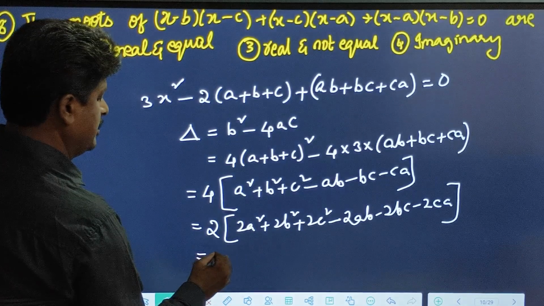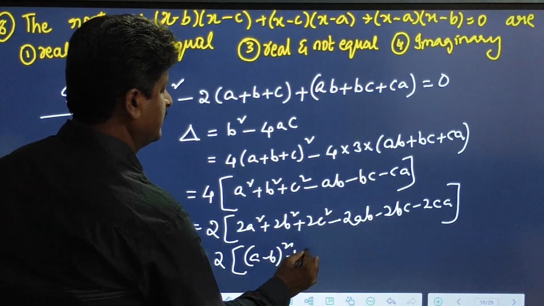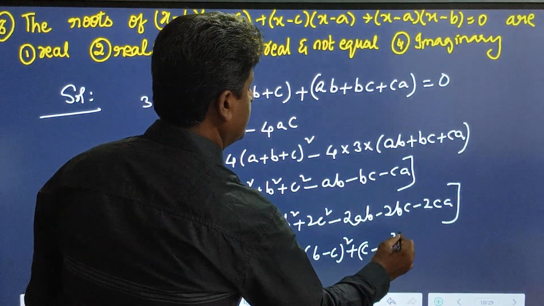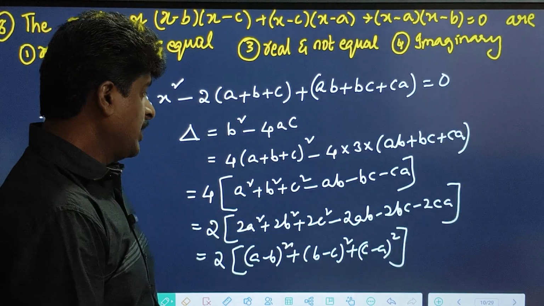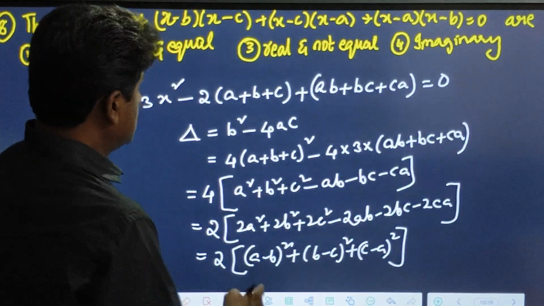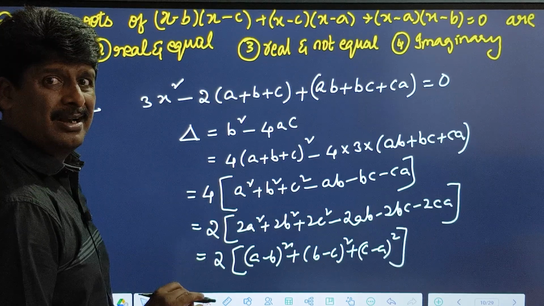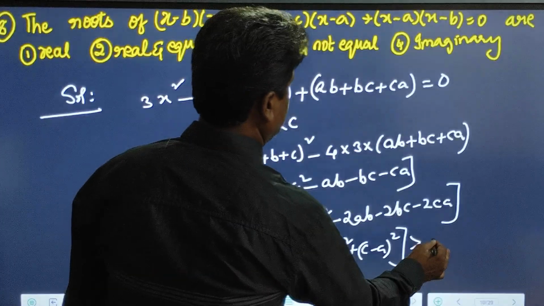We can write 2 times inside (a minus b) whole square plus (b minus c) whole square plus (c minus a) whole square. This is a perfect square. A square quantity is either 0 or positive.